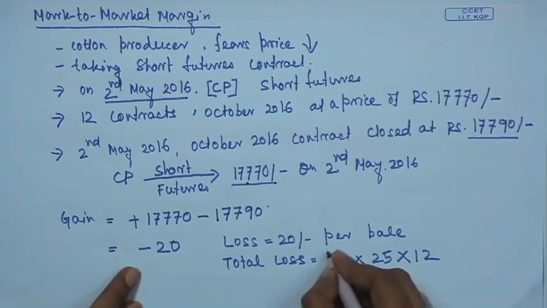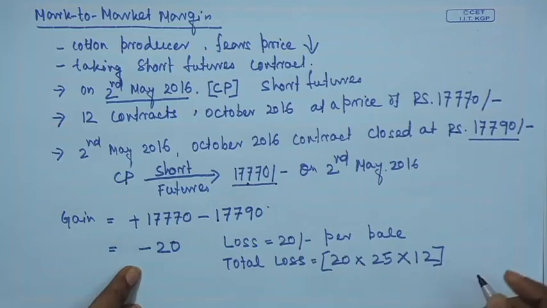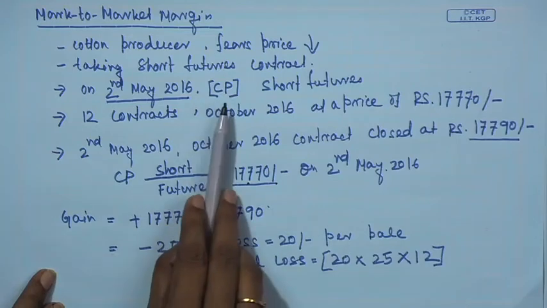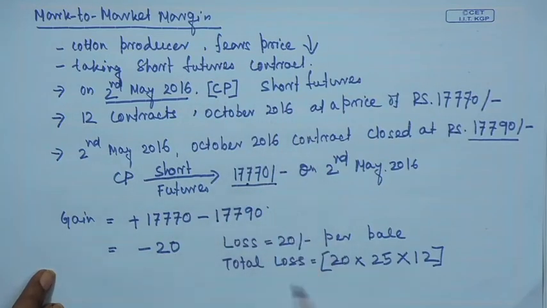So this is going to be the total loss for the cotton producer, and even if it is a notional loss, he is going to pay this amount of money to the counterparty of the cotton producer who has taken short futures. Somebody else must have taken a long futures position. So the cotton producer will pay this loss to the counterparty.